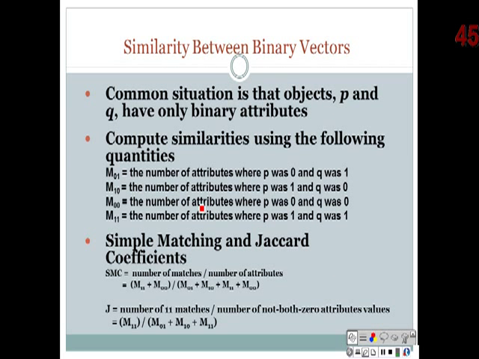For binary data, it's very important that you use some kind of Jaccard coefficient, and this is very useful in two types of data sets. One of them is if you are dealing with transactional data, and the second one is text data.